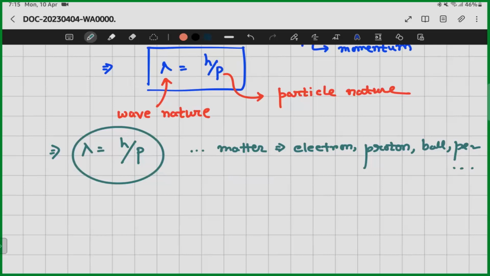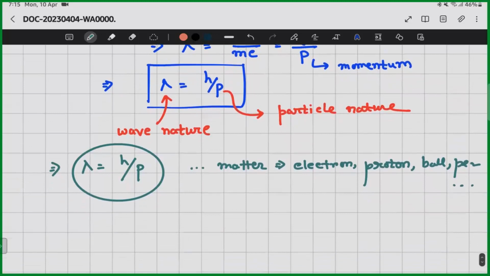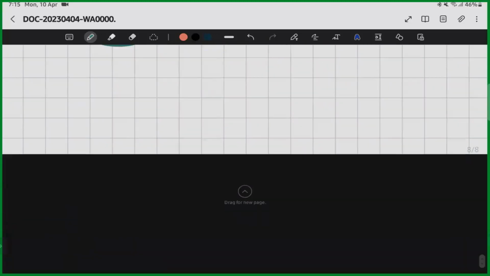But if we write in terms of mc, then for matter we have to write mv, where m is the rest mass and v is the velocity. For light, we have to write mc, where c is the speed of light and m is not the rest mass. So it's better to write p to make the equation general.